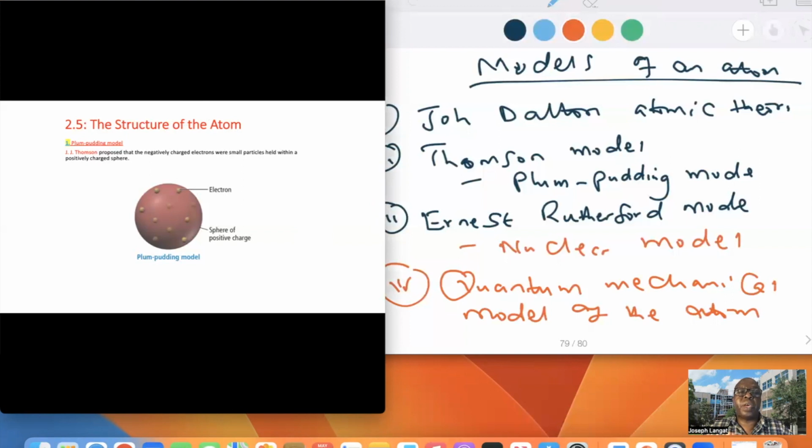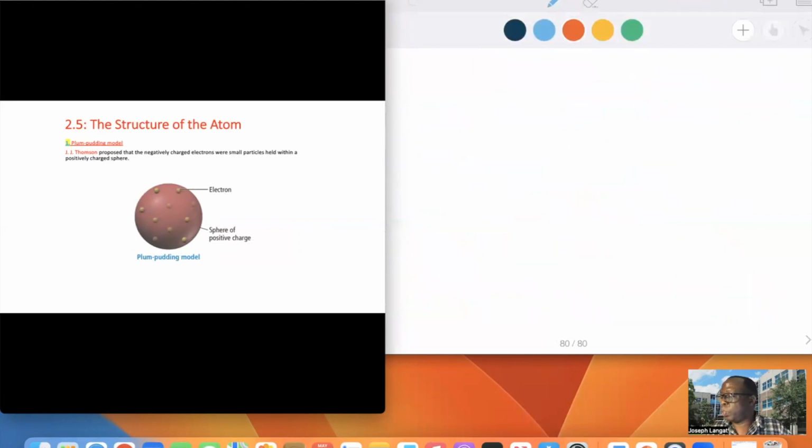Thomson used a sphere to represent an atom, of which his model proposed that it is just a sea of negatively charged particles. In this case, electrons are uniformly distributed within the sphere of positive charge. Remember, positively charged particles here are protons. So here, electrons, electrons, electrons, and then there are also protons, protons, protons.